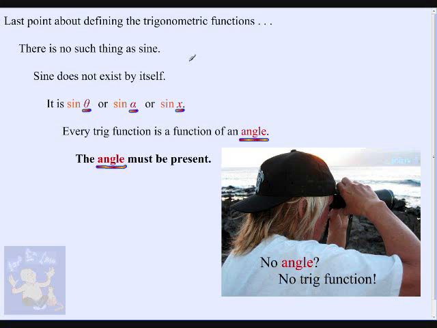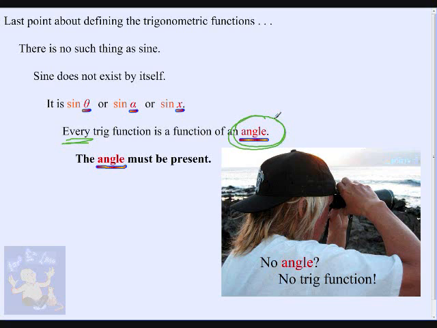Well, it can't exist all by itself. It's sine as defined by some angle. Sine theta, sine alpha, sine x, something here to determine what the angle is. Every trig function is a function of an angle.